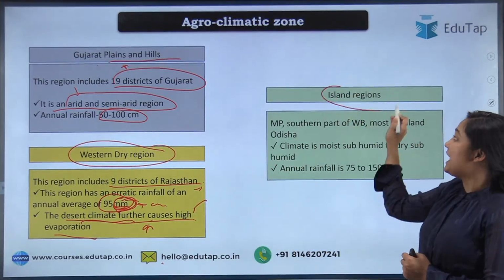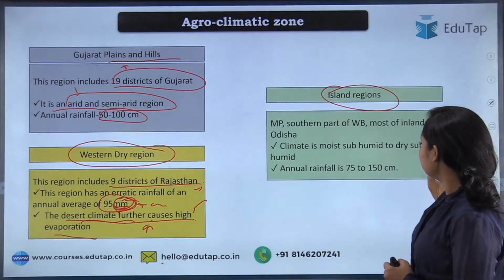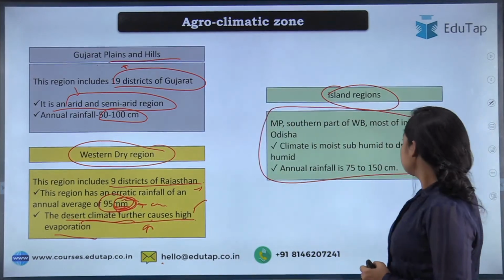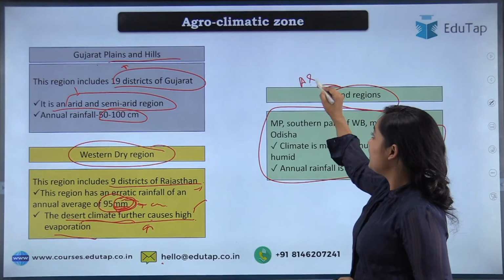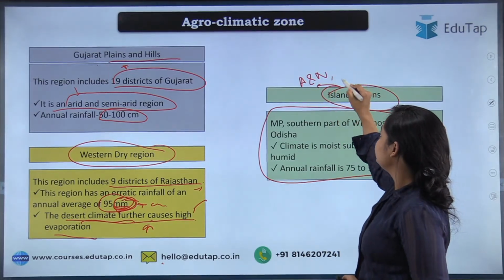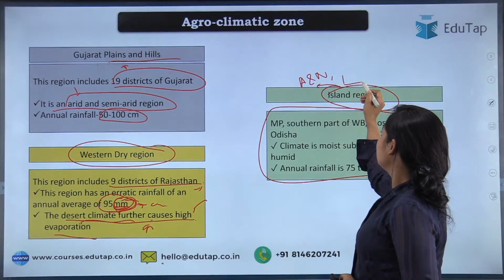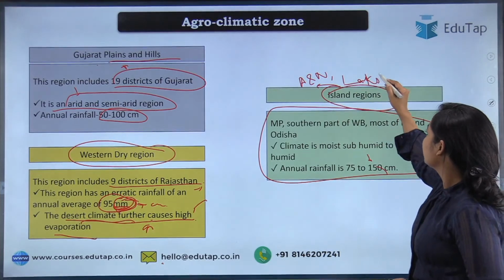Now talking about the island region of our country. I think this particular slide is wrong, and I apologize for that. In the island region we only talk about Andaman and Nicobar, and Lakshadweep.